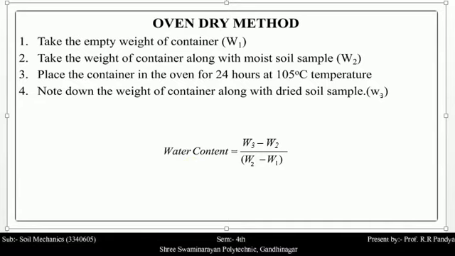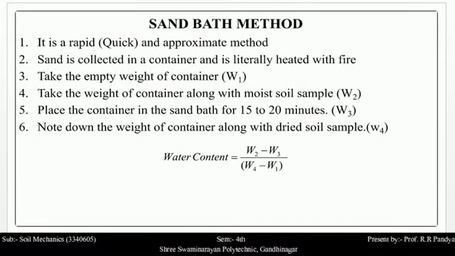Now next, jump to the next method, the sand bath method. Here in the sand bath method, obviously the equation of water content will be the same, W3 minus W2 upon W2 minus W1. Here we have to see what the values for W1, W2 and W3 are. So let's start. It is a rapid and approximate method. Obviously the sand bath is a very quick method.